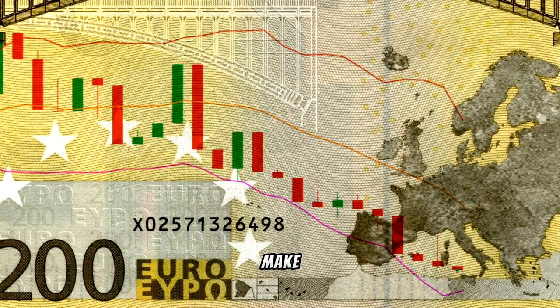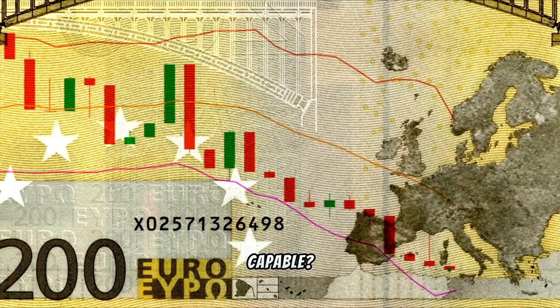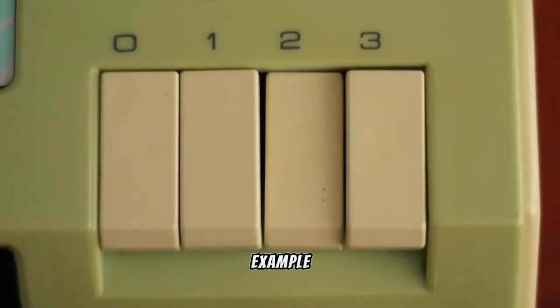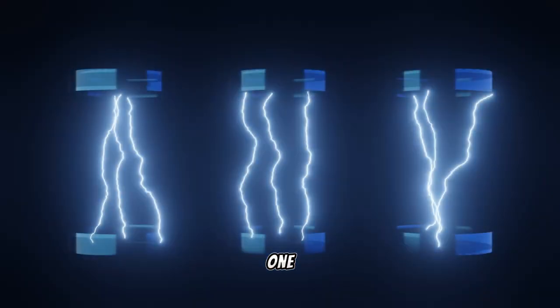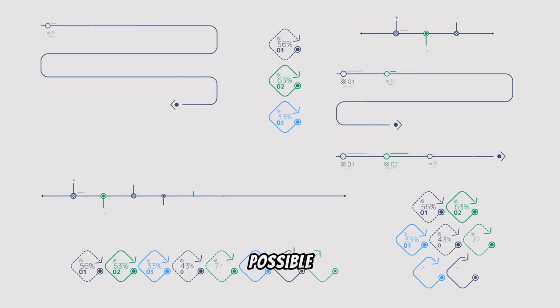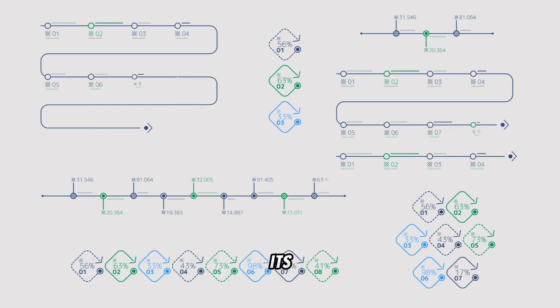But how does this make quantum computers faster or more capable? Let's take an example. Imagine trying to find one correct key out of a billion keys. The classical computer would check one key, then the next, and so on extremely fast, but still one at a time. A quantum computer could check many possible keys simultaneously because its qubits can exist in multiple states at once.